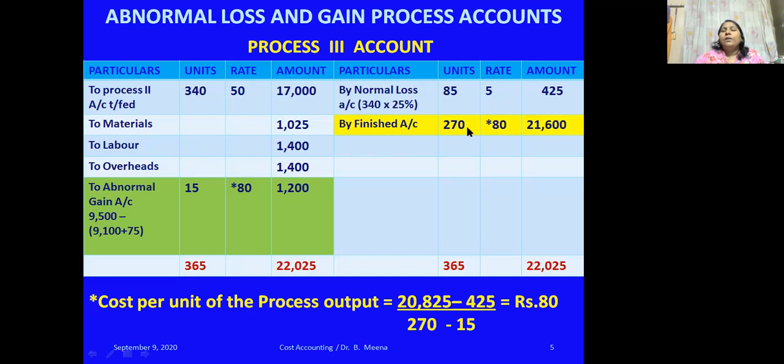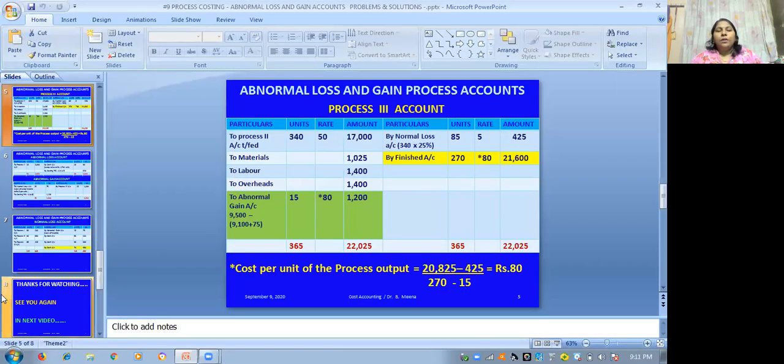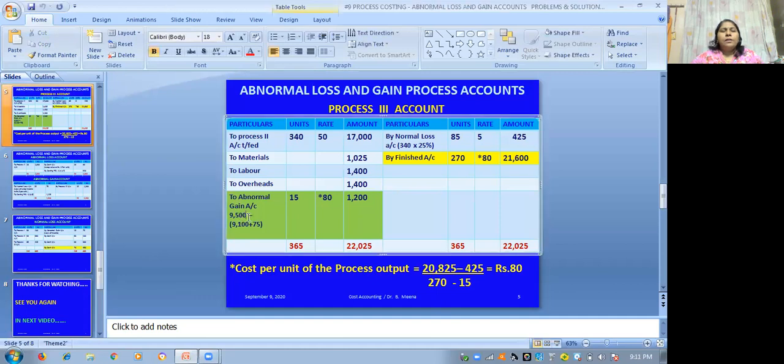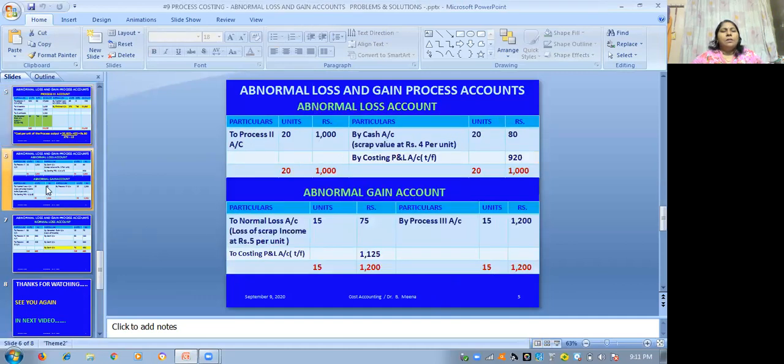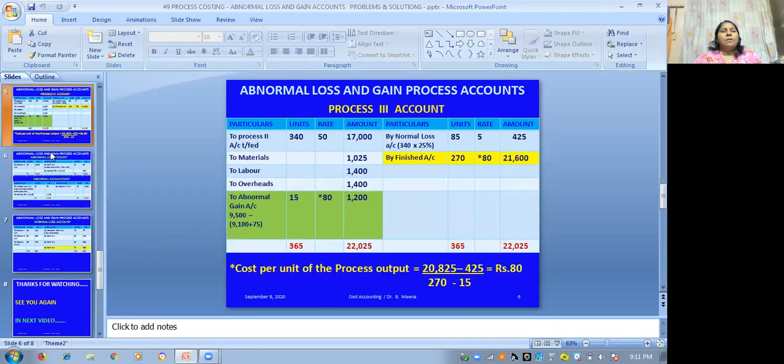And my output is 270 plus 85. So when I do this calculation, I will come to know, once again, sorry, 340 is the input I'm getting here.